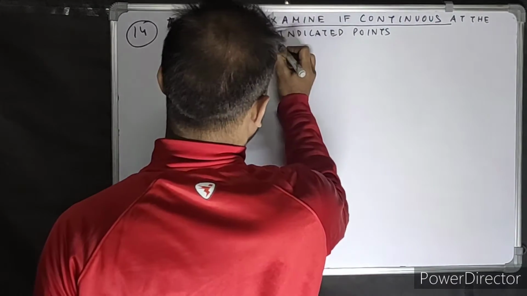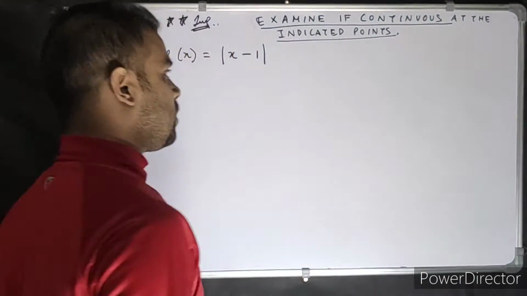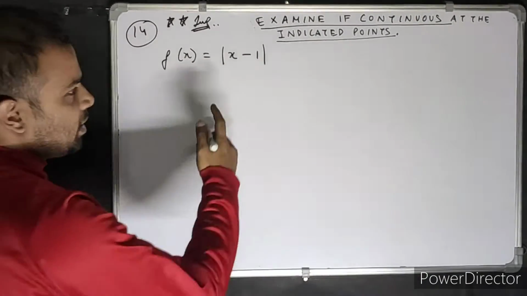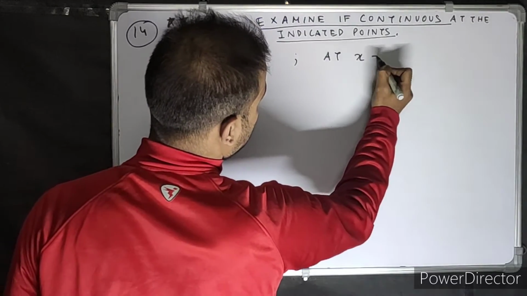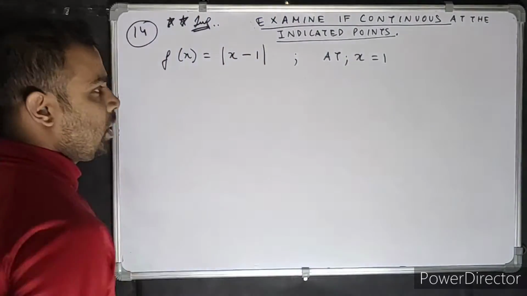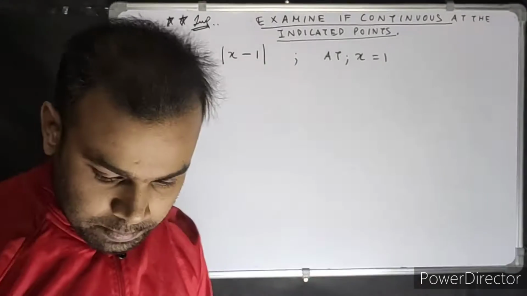So this was the heading, and you have to check if it is continuous at x equal to 1. Okay, so let's begin.